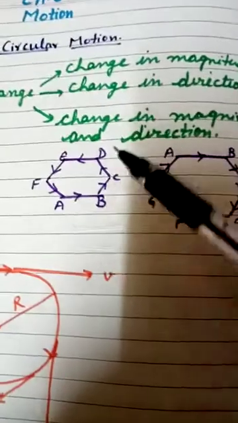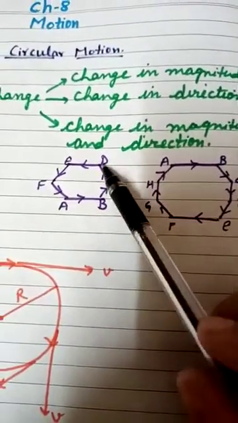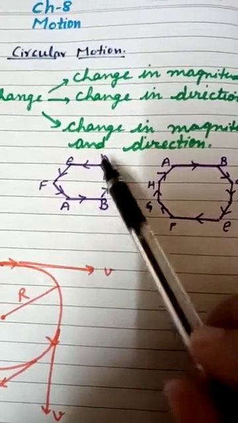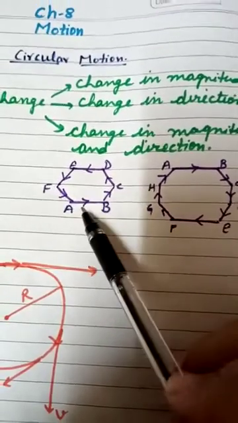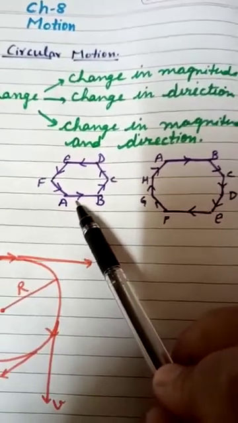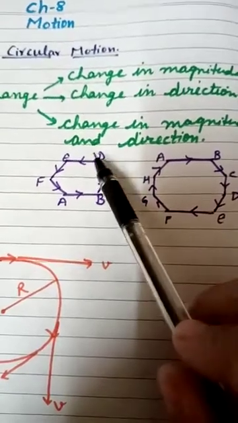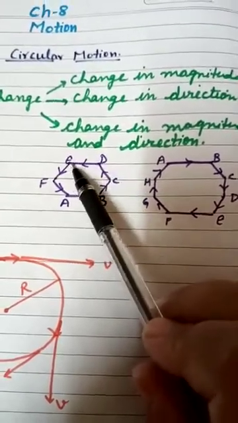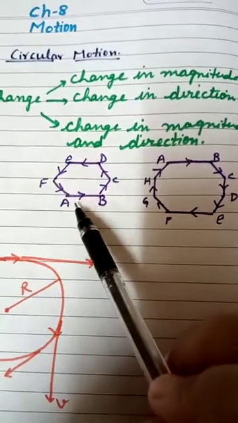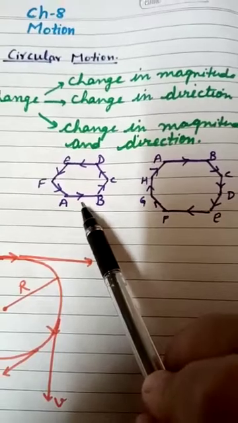If we see a hexagon with sides A, B, C, D, E, F, 6 sides are there. So here how many times does velocity change? Yes, 6 times. A to B, B to C, C to D, D to E, E to F, and F to A. Again 6 times velocity change will be there.